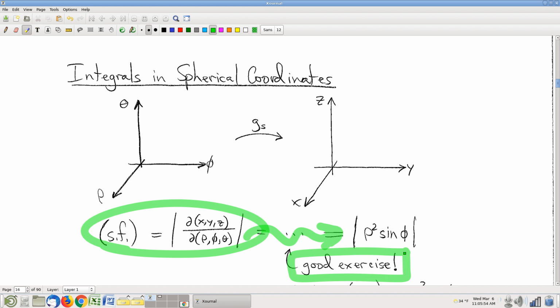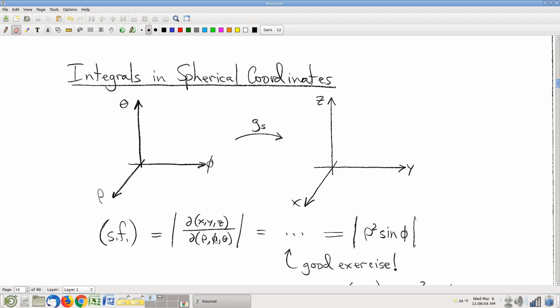And look for opportunities to take advantage of that. That said, I want everyone to do that calculation. Everyone really should do this at least once in their lives. So please do. Here's what you're going to get. Absolute value rho squared sine phi. That's another thing to memorize. Make sure to have that memorized. Okay.